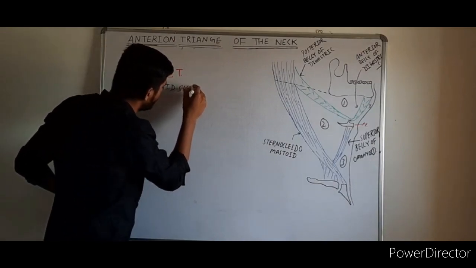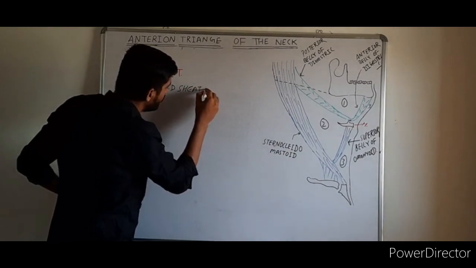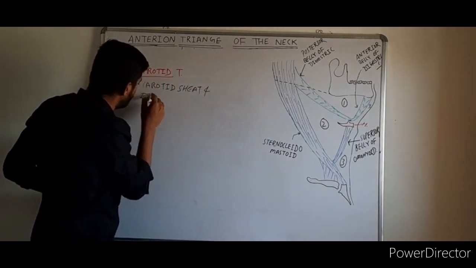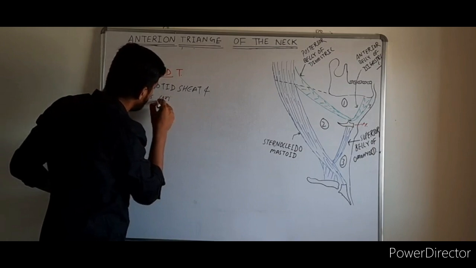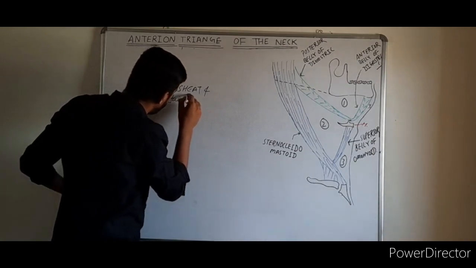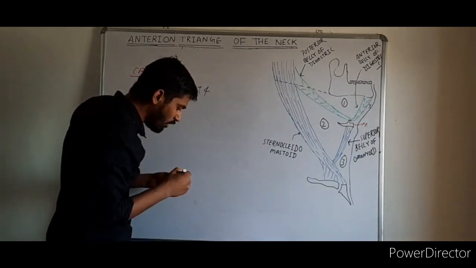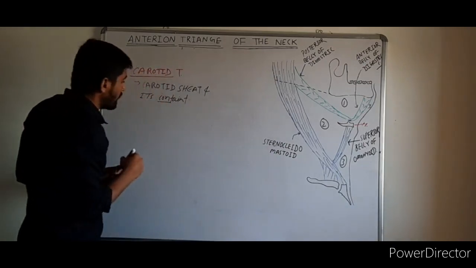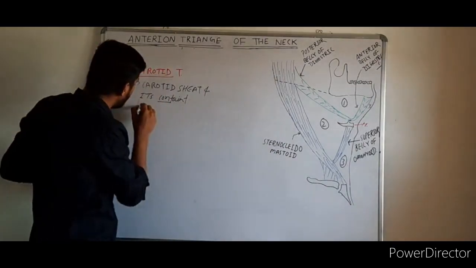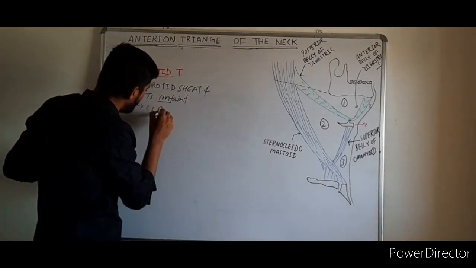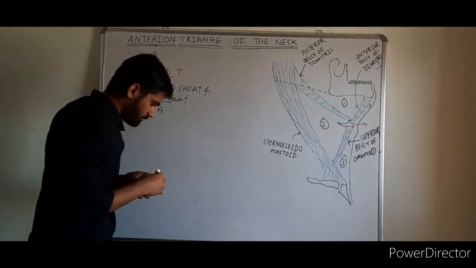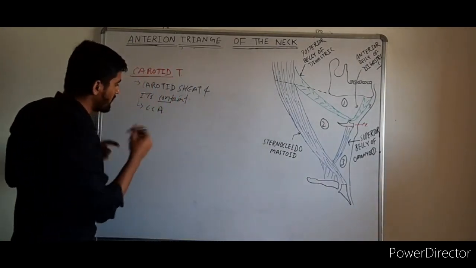Carotid sheath and its content. So what is the content? First is the common carotid artery.